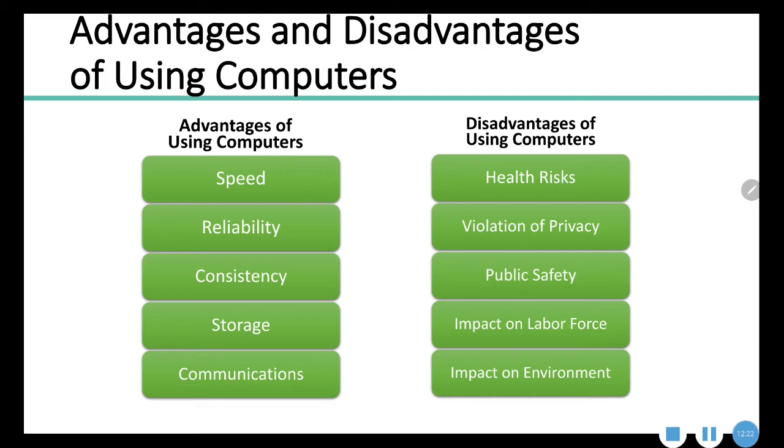So we have to learn later on how to reduce the risk of getting some diseases due to the usage of computers. And then also the violation of privacy. If we share our information on the internet, you are exposing your information to other people, so you have to know how to control your privacy.